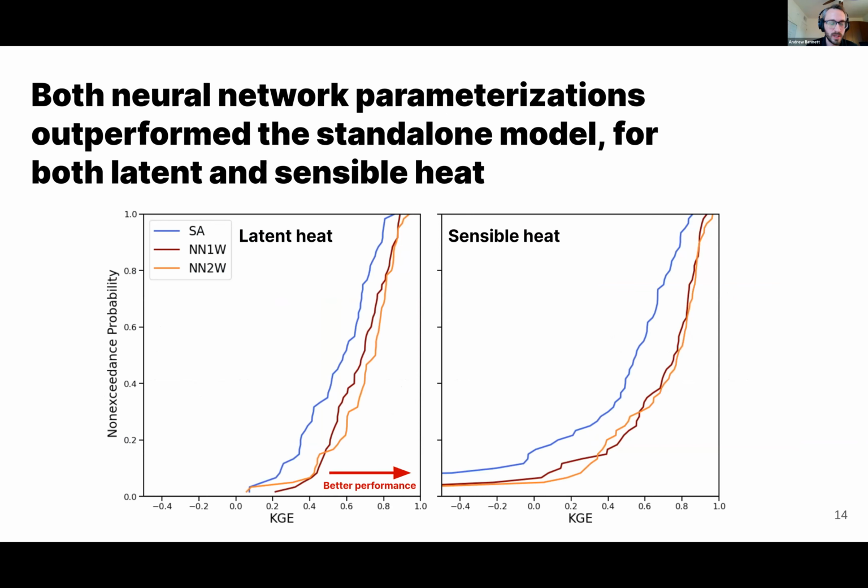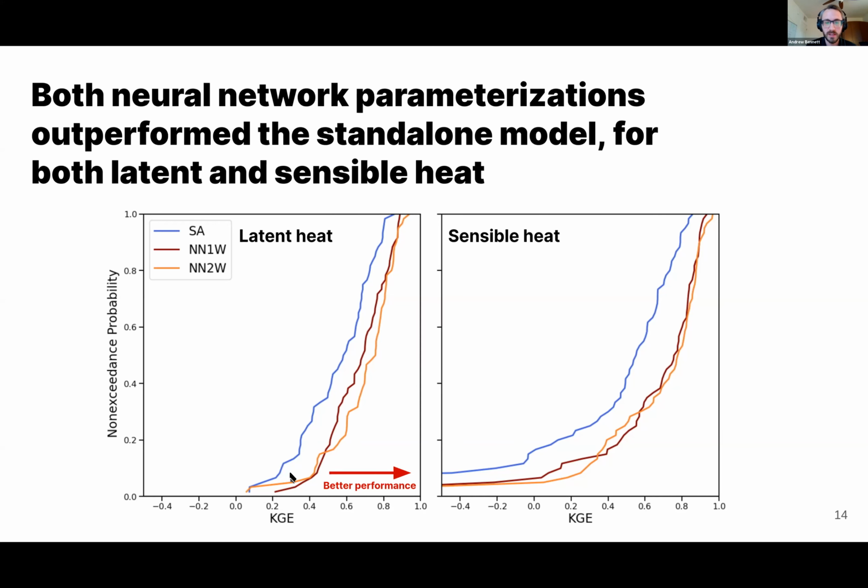What I'm showing here is the cumulative distribution of the performance as calculated by the KGE, which is a combination of the bias, the variance, and the correlation of the predictions to the observations. It's rescaled so that a 1 is a perfect simulation. So these curves, the further to the right that they fall, the better performance overall.